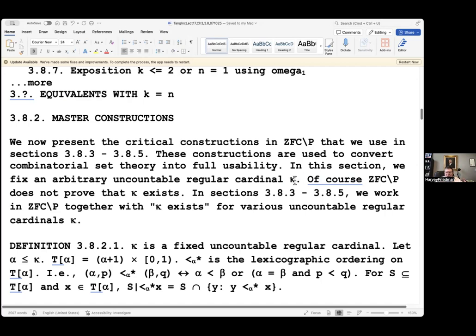The point is we just want this as a placeholder because we're going to apply this to various kappa: the so-called Beth numbers, the iterates of the power of 2 function on omega, and also we're going to use it on omega 1. Well, we did some of that. We're also going to use it when kappa is certain large cardinals. And we just use this master construction to do our stuff.